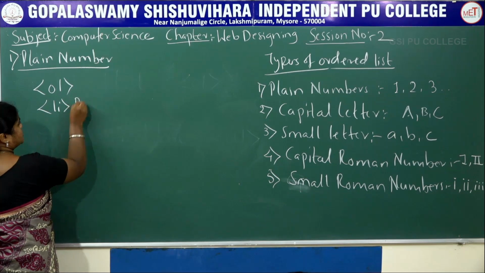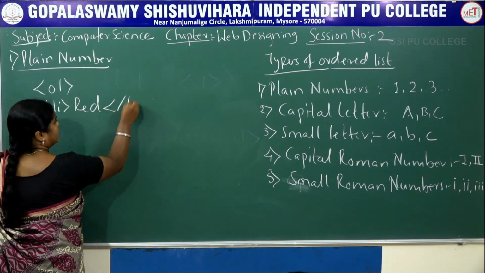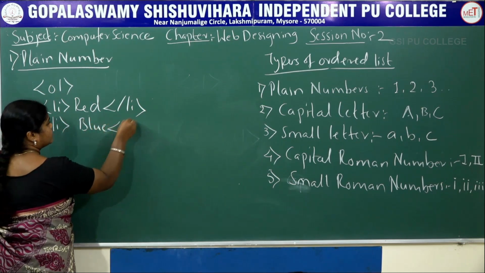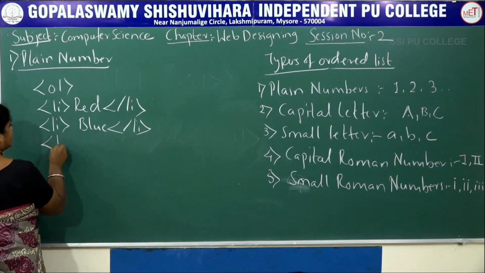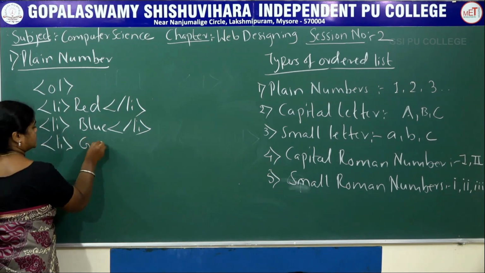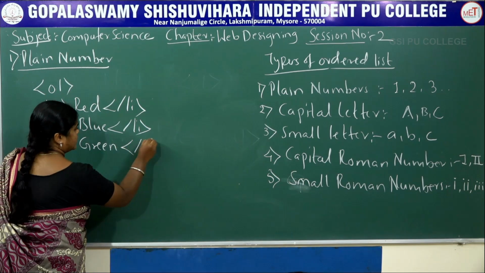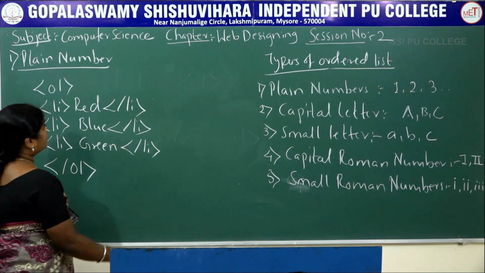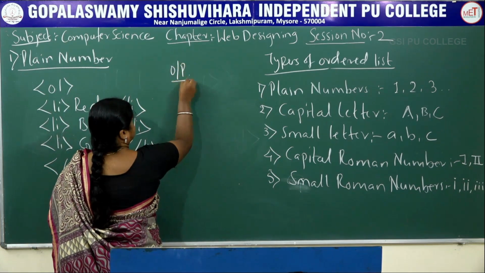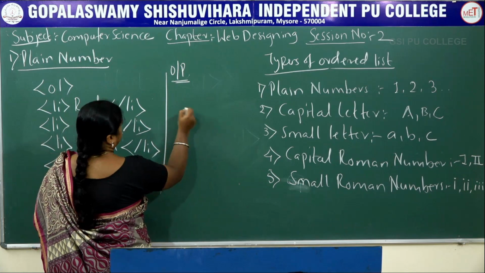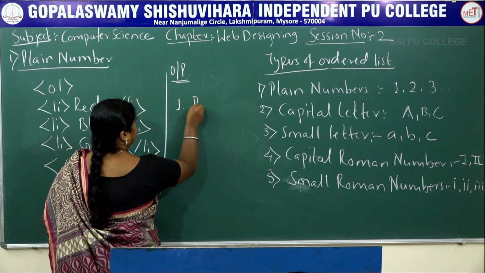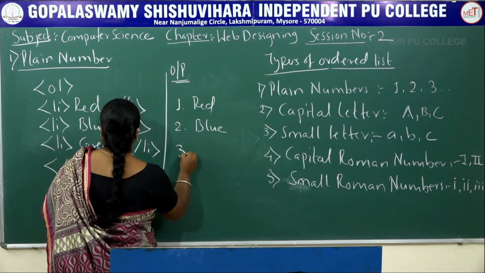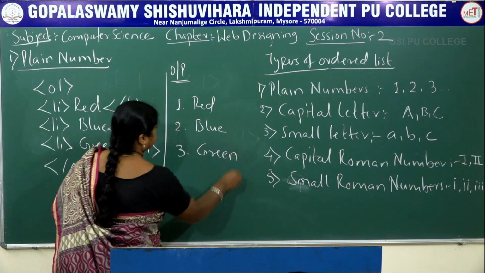Suppose I say the color red, /LI, then again LI blue /LI, again LI, suppose I say green /LI, and then finally /OL. In this case the output will be in this format, that is 1 red, 2 will be blue, and then 3 will be green.